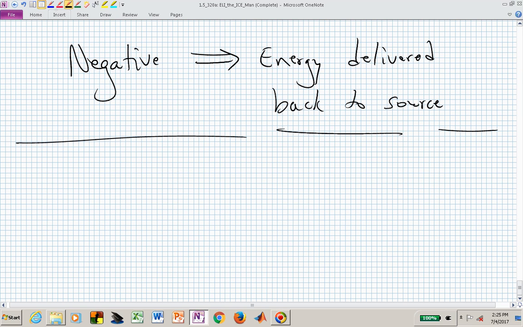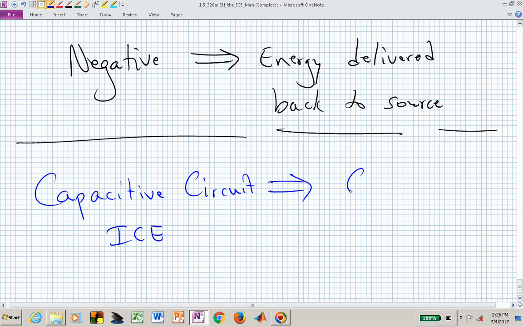So again, we can think of if we now had a more capacitive circuit than an inductive, again we have ICE, but this now says that the current relative to the voltage is where? Now if we look at ICE, that reminds us that the current is in front of, or it leads the voltage.